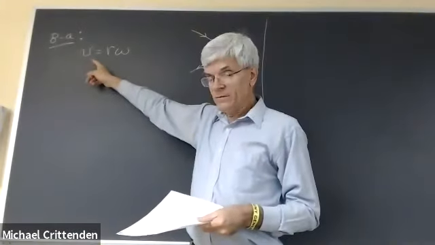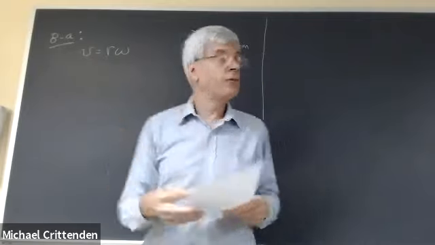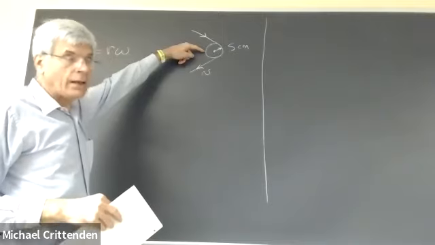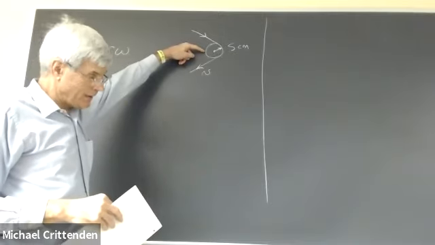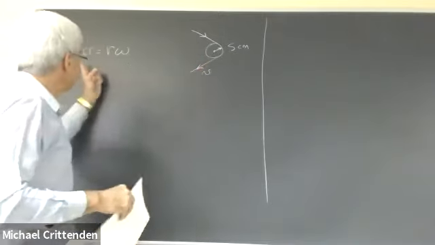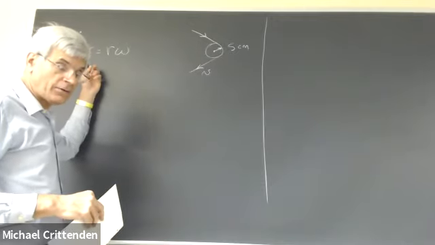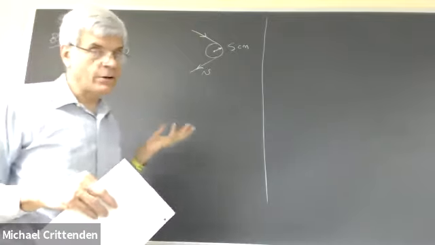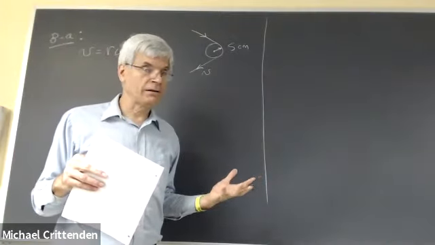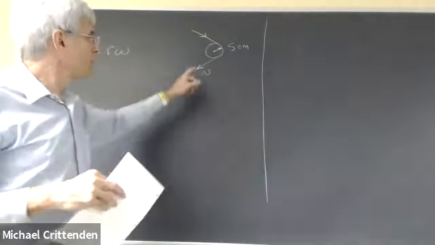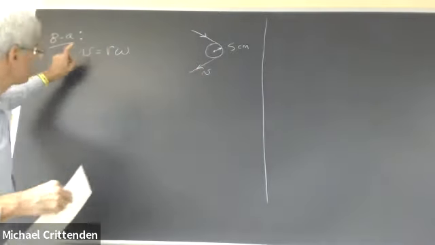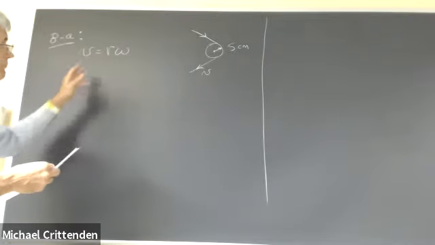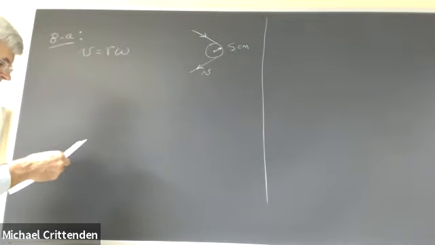What the v in the equation actually stands for is the speed of a point on the edge of the wheel. If the belt was slipping, the speed of the belt and this v here would be two different things. But like I said a minute ago, it's bad when the belt slips. The belt is not supposed to slip. So the speed of the belt should equal the speed of a point on the edge of the wheel. And this v is what the question asks for.